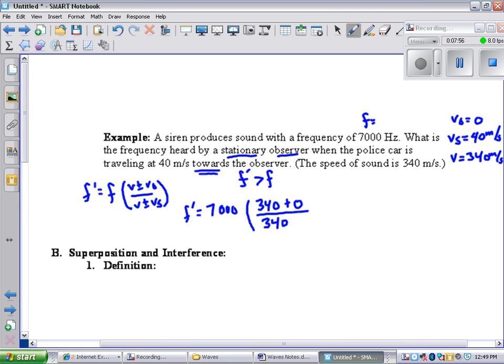And now I need to think about what I'm going to do with this velocity of the source, this 40. Well, I know I want this number to be bigger than 7,000 because moving towards, frequency's got to be higher. Therefore, this number on the bottom has to be smaller, so I'm going to pick a negative in there, so it's going to be minus 40. So this tells me I get 7,000 times, on the top I have 340, on the bottom I have 300.